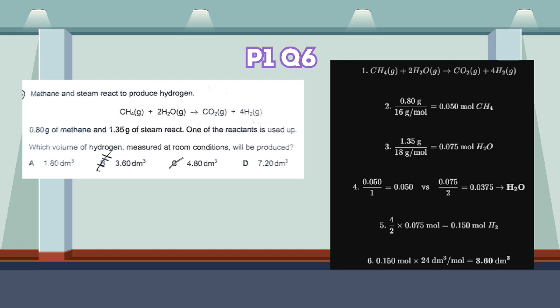Using the molar ratio, the moles of hydrogen will be 4 over 2 times the moles of water, which equals 0.15 moles. Finally, multiply this by the molar gas volume of 24 and we get exactly 3.60 decimeters cubed. The correct option is B.